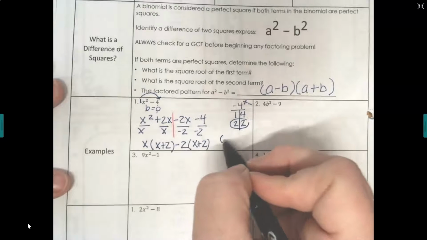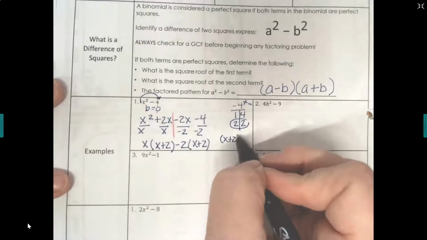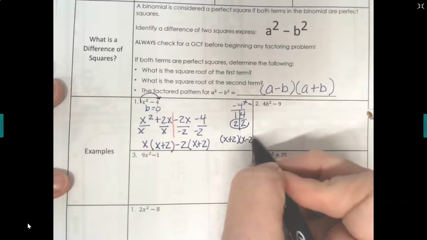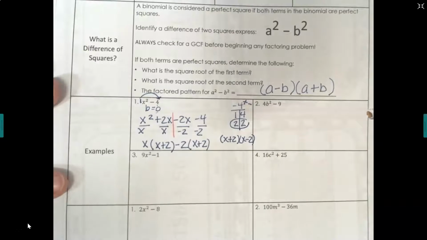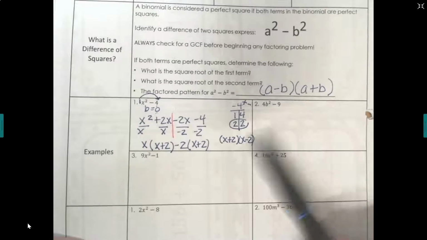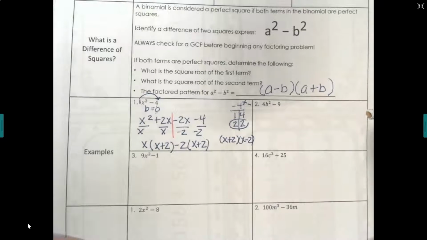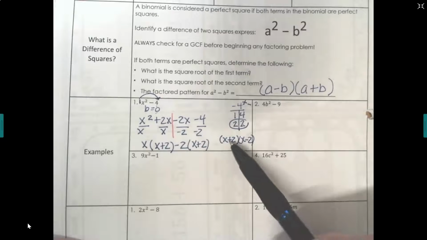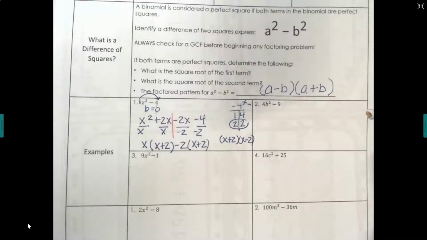So when I write it all together in its final factored form, I have a positive 2 and a negative 2. That's the pattern we were talking about: you're going to have the same numbers in each one, but one will be positive and one will be negative. The order in which the positive and negative go does not make a difference. So we'll try it again here.